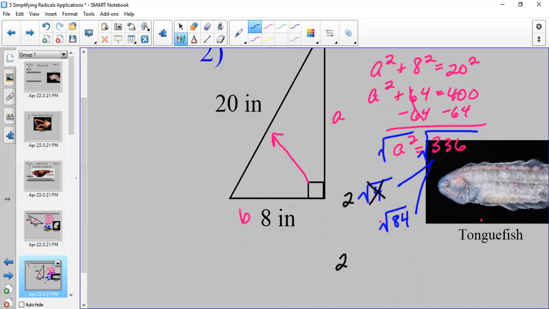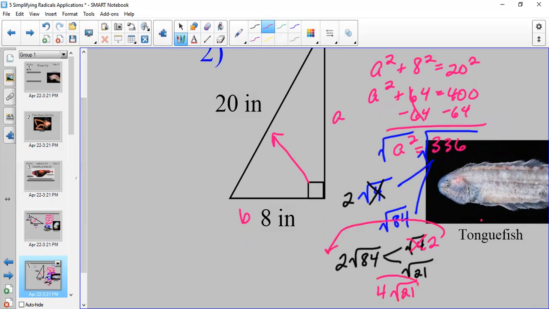So now I have 2 square root of 84, but 84 can be split again into 4 and 21. Square root of 4 is 2 again, so that's going to come out front. This would be 4 square root 21 would be our final answer, and again, a label of inches.